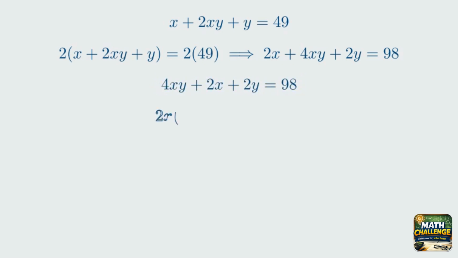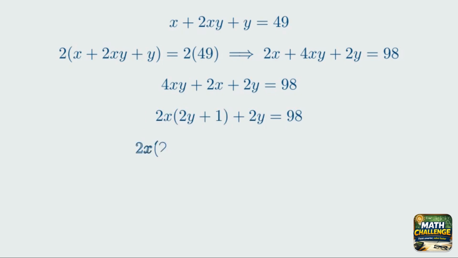We can factor that out to get 2x times the quantity 2y plus 1, plus 2y equals 98. Now look closely at what's in the parentheses, 2y plus 1, and the lonely 2y outside it. They are very similar. What if we could turn that 2y into a 2y plus 1? We can do this by adding 1 to the left side of the equation. To keep the equation balanced, we must also add 1 to the right side.